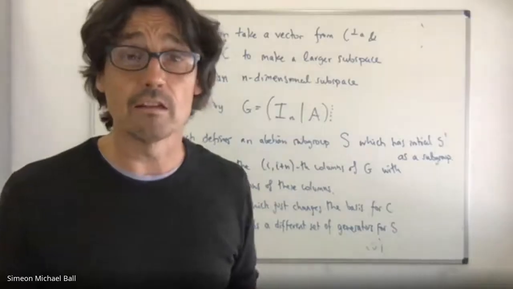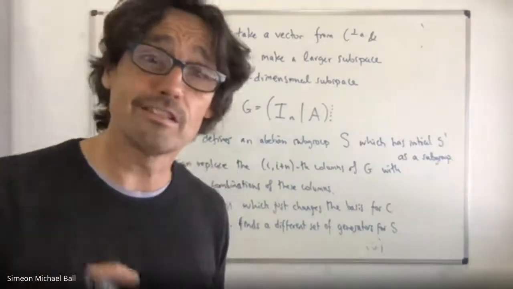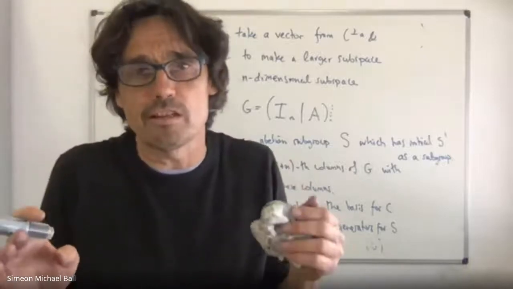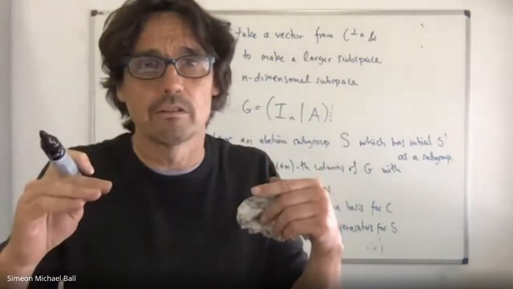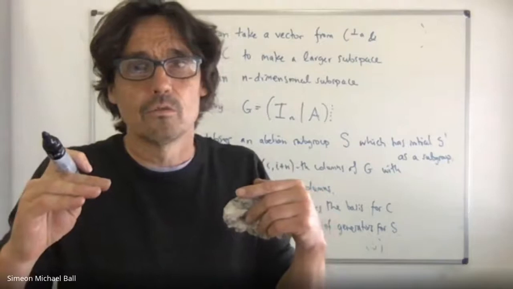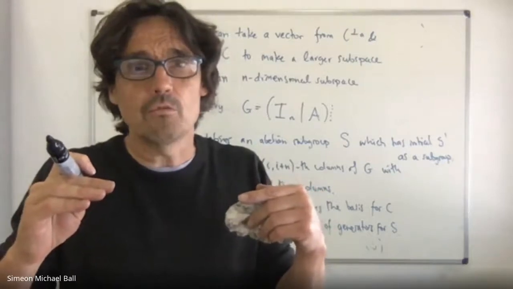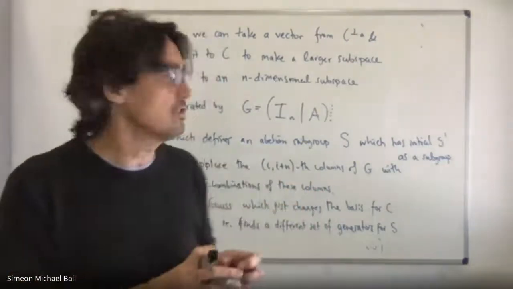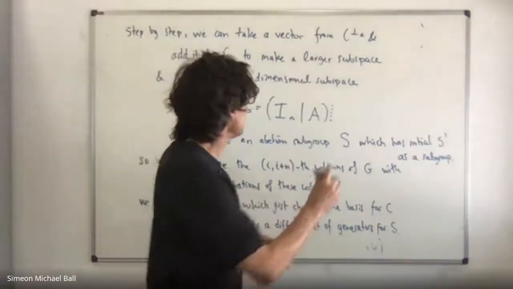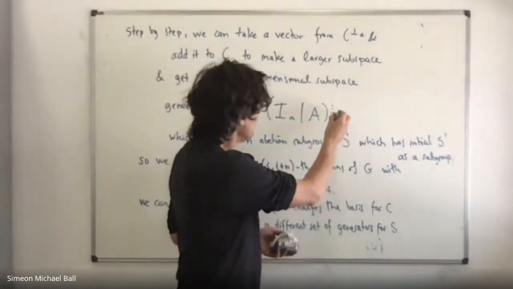But the graph doesn't make sense anymore, right? Well, the graph's still there, but let's say you wanted a subgroup of size 2 to the n minus 1. Then it would be all combinations. So you might say, well, I'll take out a certain element.